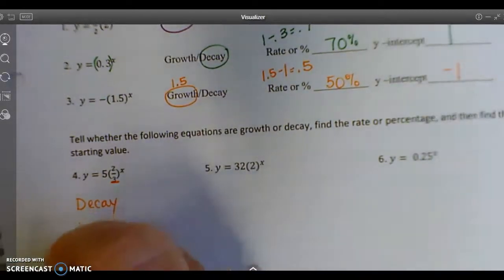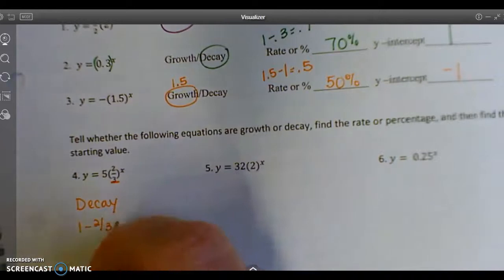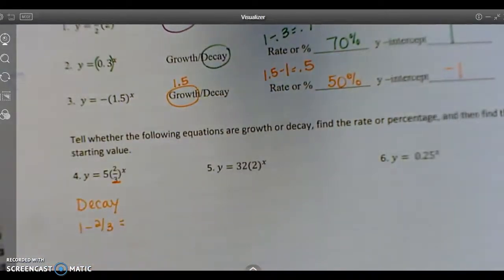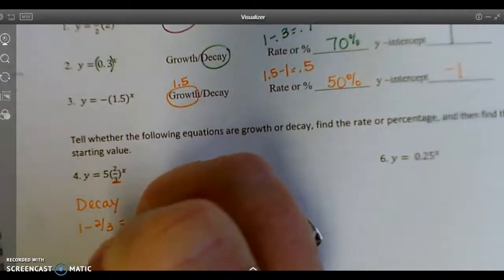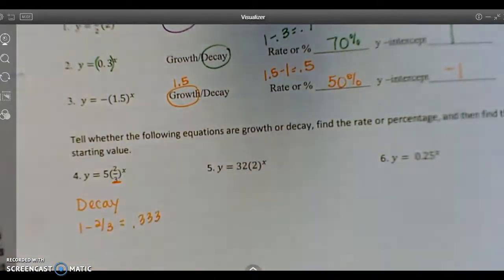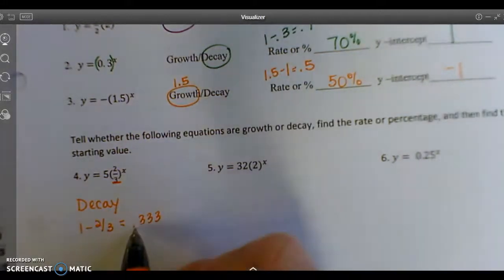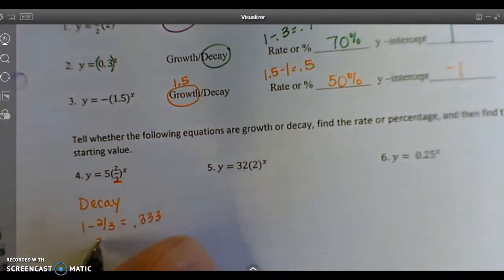So it's like I'm doing 1 minus 2/3. You can do it in the calculator. You'll get 1/3, or you'll get 0.333. So when you move your decimal over 2 places, or multiply by 100, you'll get 33.3%.